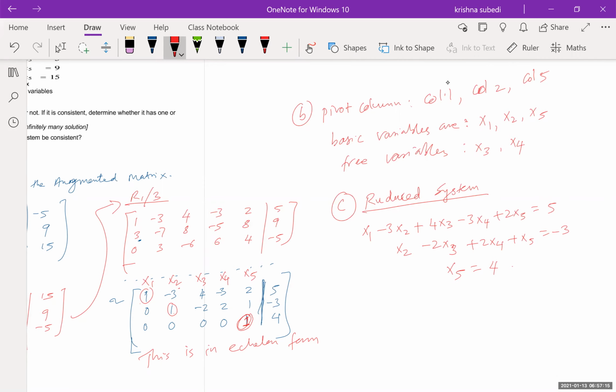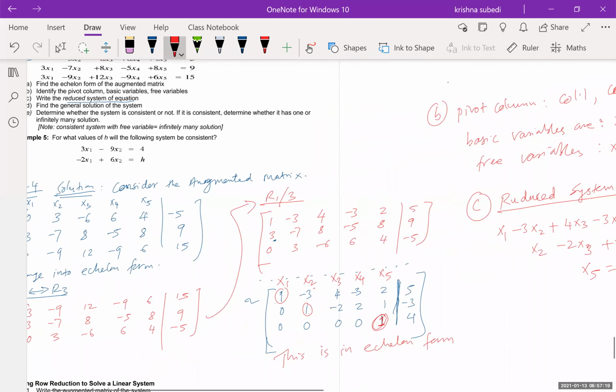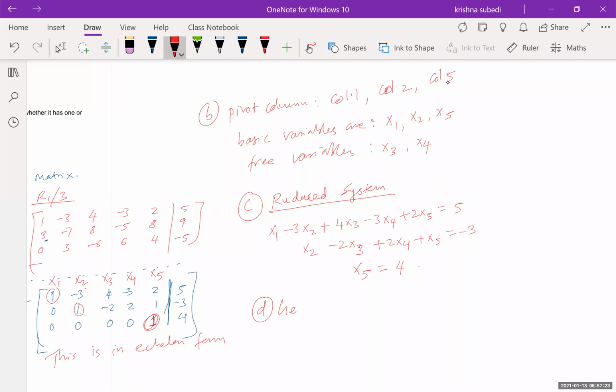And now what is the last question that we are supposed to do? General solution. Okay, Part D. General solution means you must express basic variables in terms of free variables.